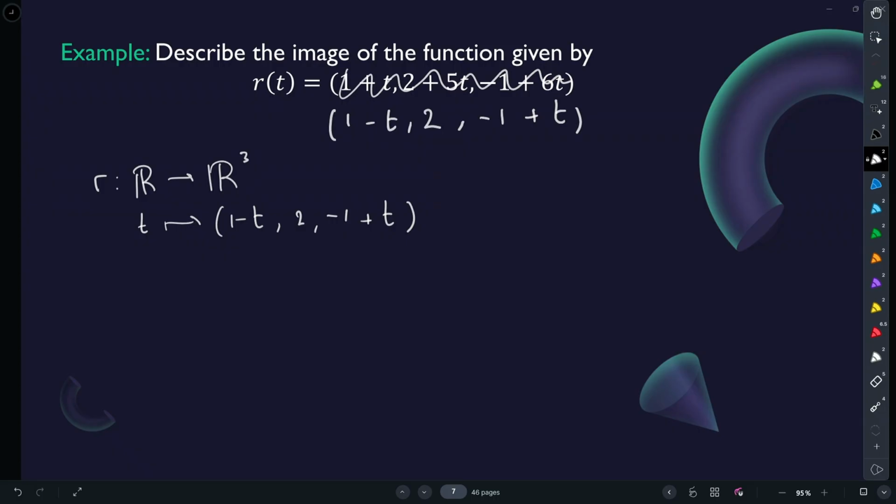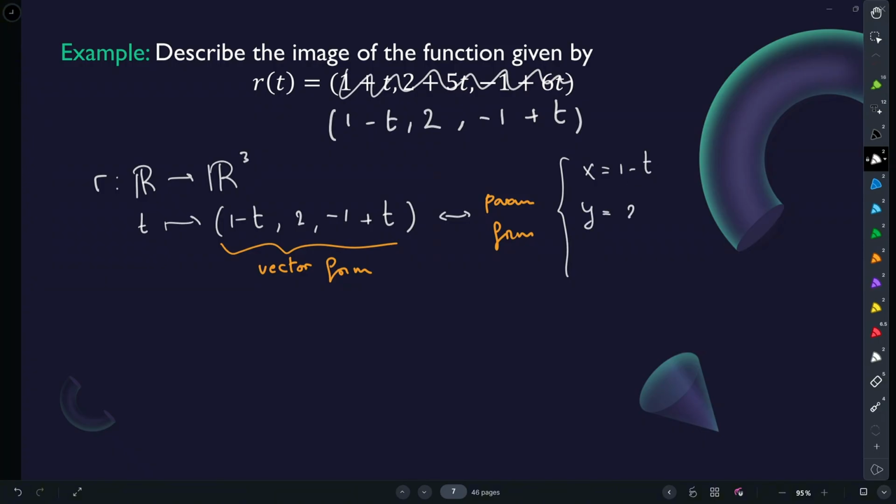Remember that this is the parameterization in what we call a vector equation or vector form. And we can do a parametric form, in that I can just write that x is 1 minus t, y is 2, and z is minus 1 plus t, which is exactly how we describe lines in space.